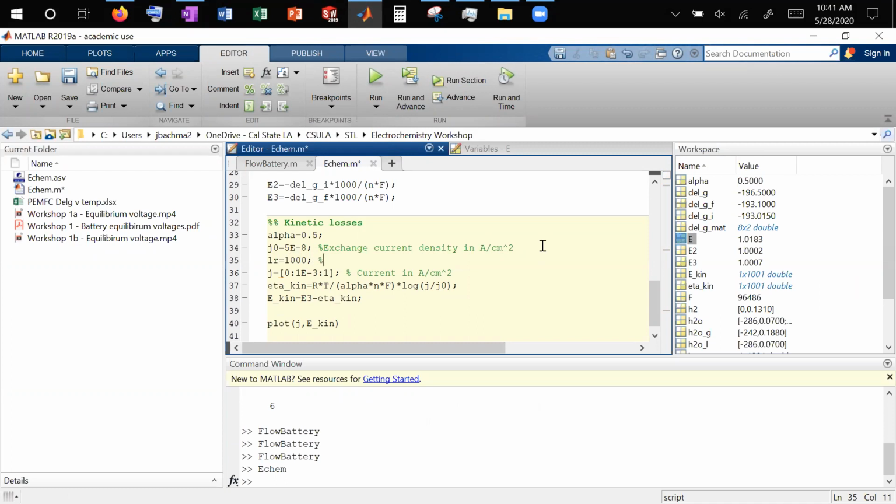We call that other area the active area in the cell. So that means we can divide this current density by 1,000 because it's actually 1,000 times lower when we're calculating the kinetics.